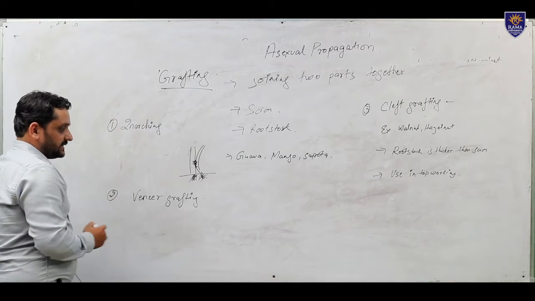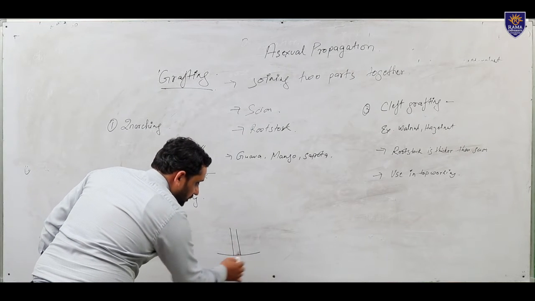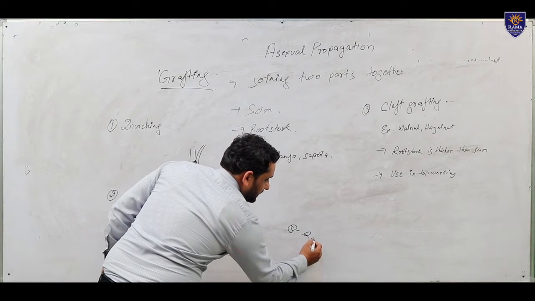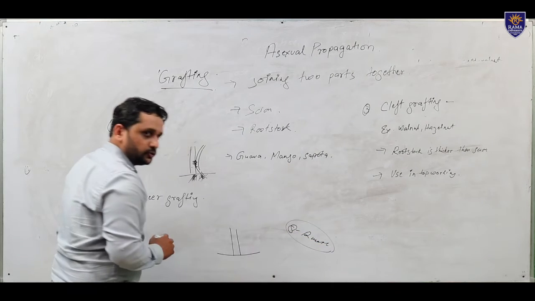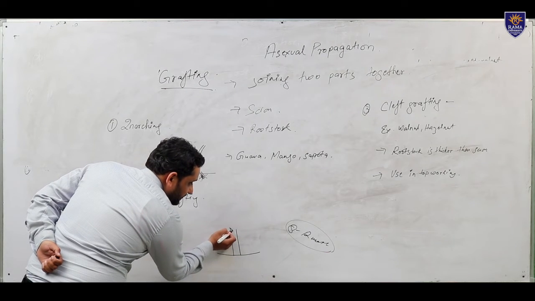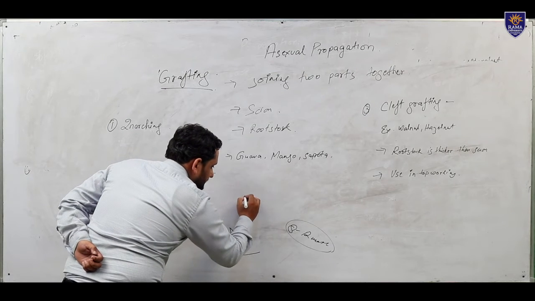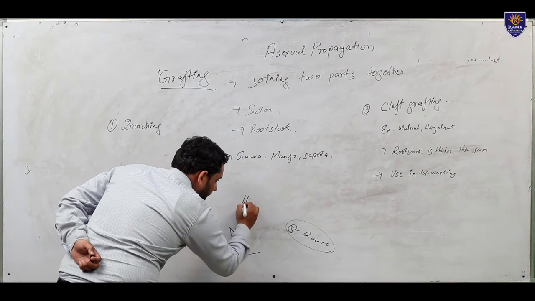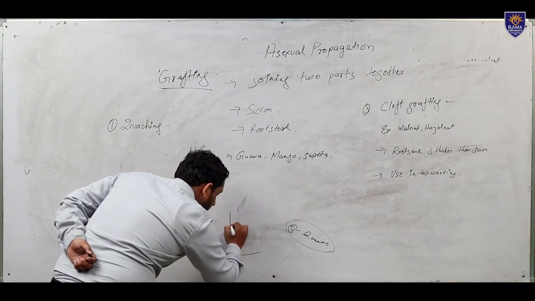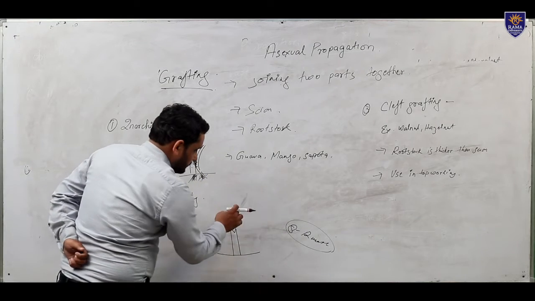Now the second one is the veneer grafting. In veneer grafting, this is the rootstock, and the rootstock we take should be 8 to 12 months old. We make a V-like structure in the upper portion of the rootstock, and we take a scion of a particular variety, and we make a V-like structure in the lower portion of the scion, and we will insert it.